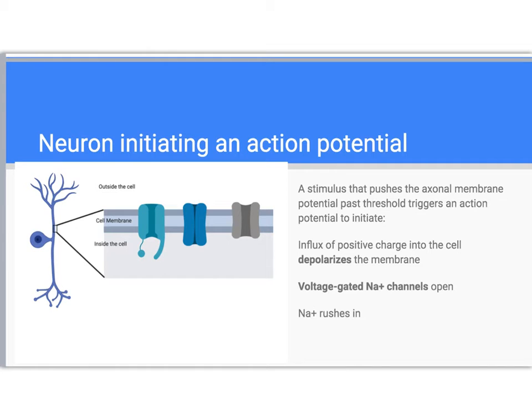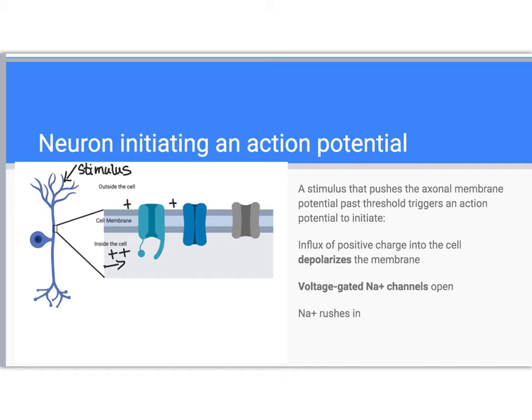When a high pressure stimulus, for example, is sensed by this pain sensing neuron, the dendrites open up some specialized mechanically gated channels which will allow some sodium ions to flow into the cell. This will bring positive charge into the cell and depolarize the membrane. The membrane potential becomes more positive as a result of that.